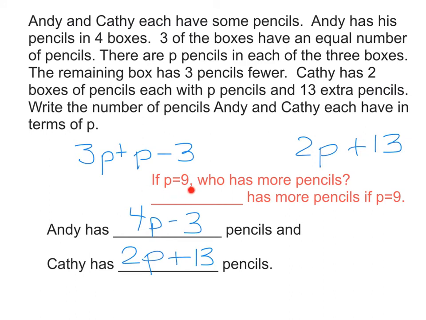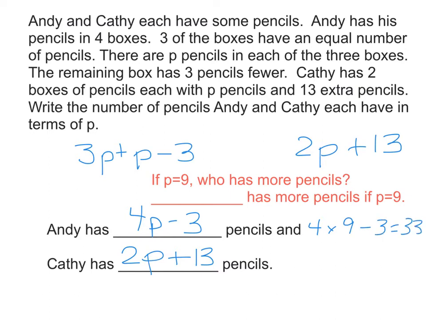Let's say that P equals 9. In that case, who has more pencils? Our sentence answer will say blank has more pencils if P equals 9. Well, all I have to do now is substitute 9 in for Andy. So he would have 4 times 9, which is 36, minus 3.